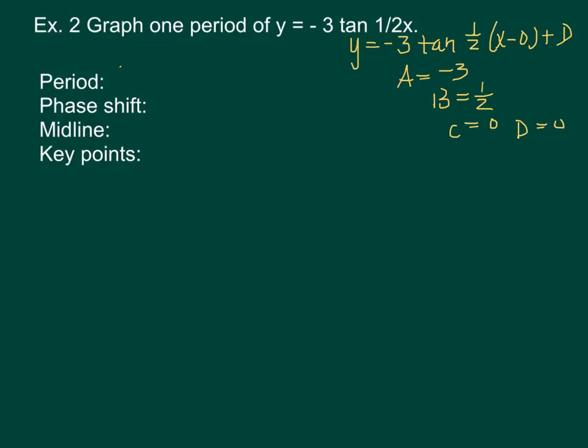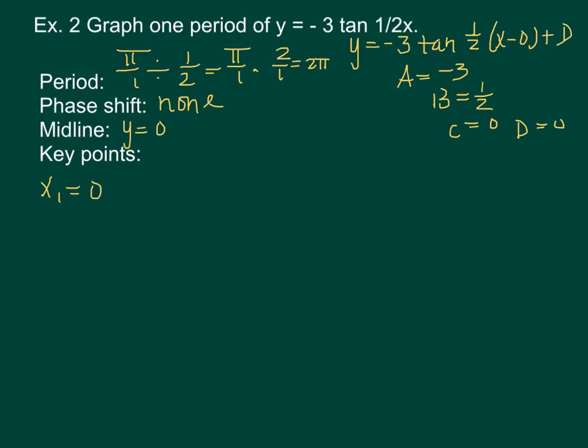So your period is pi divided by B, which is the same thing as pi times 2 over 1, which is 2 pi. Phase shift, none, which means our first x is at 0. Midline, y equals 0. 1/4 times your period to help you get your key points, which is pi over 2. So we're going to add pi over 2 each time.